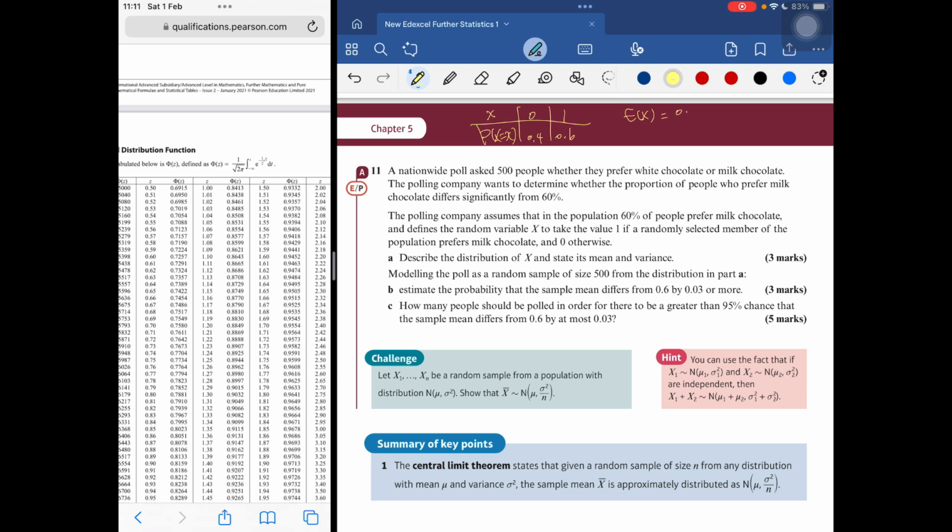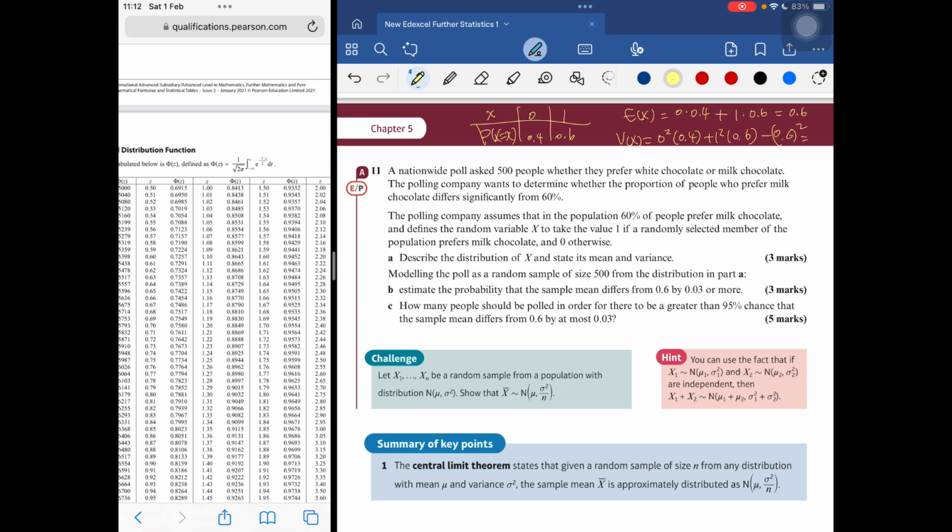So 0 times 0.4 plus 1 times 0.6, so 0.6. And the standard deviation or variance: 0 squared times 0.4 plus 1 squared times 0.6, minus 0.6 squared.